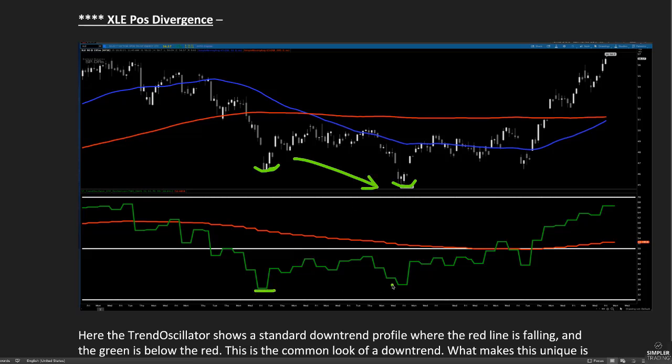And then the second low, which is lower than the first low, happens at a higher level. So the indicator goes up while the price goes down.